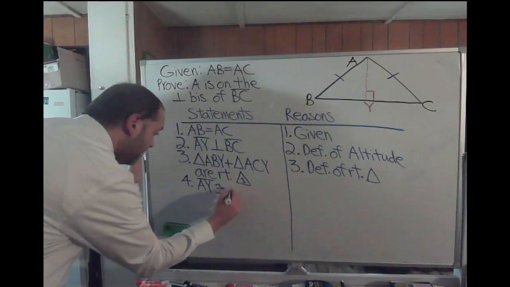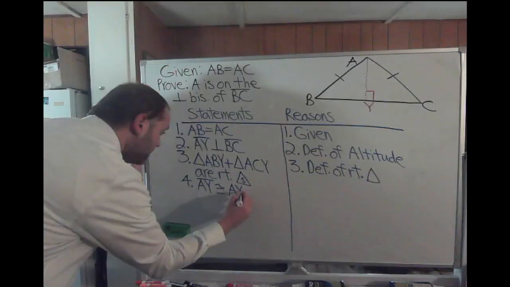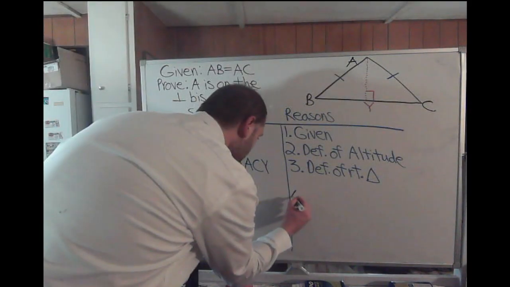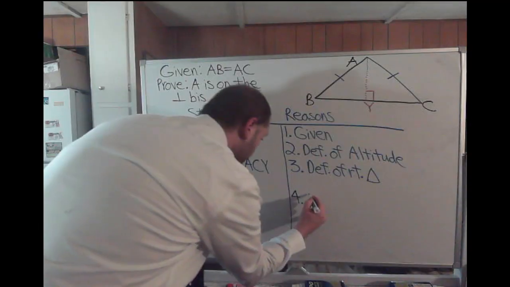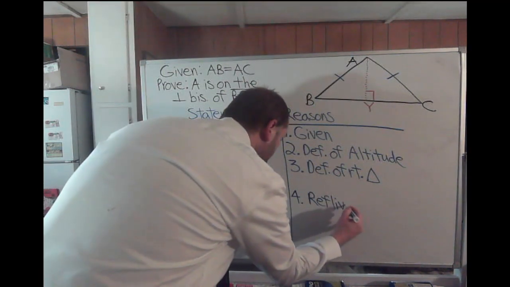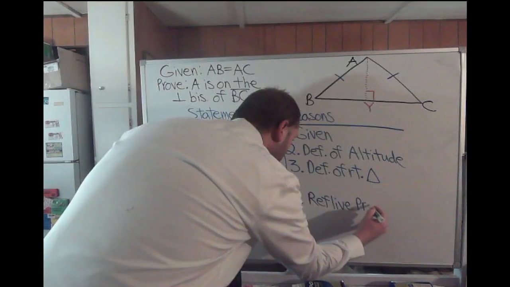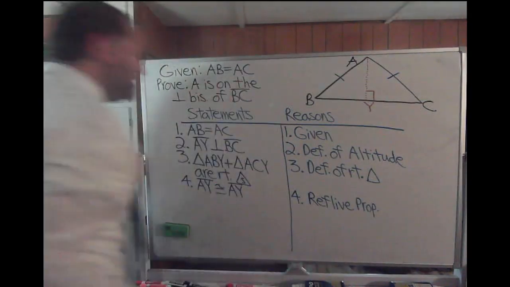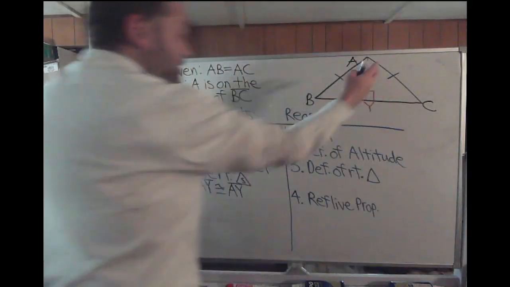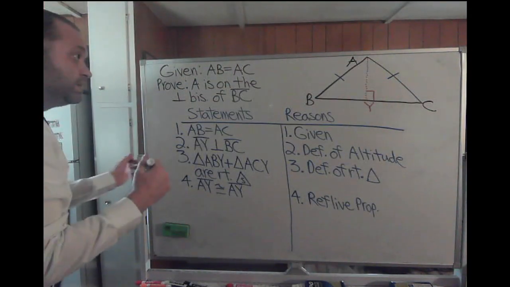So now we have a leg and a hypotenuse in each triangle congruent.